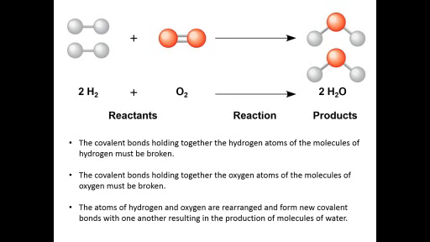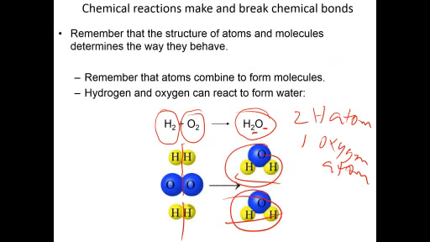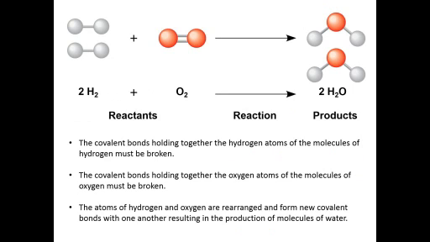Here you're being shown the same thing as you saw before: hydrogen gas, oxygen gas, and water. You have to physically break the covalent bond between the hydrogen atoms, and the chemical bond between the oxygen atoms, so that you can form new covalent bonds between the hydrogen and oxygen of a water molecule.